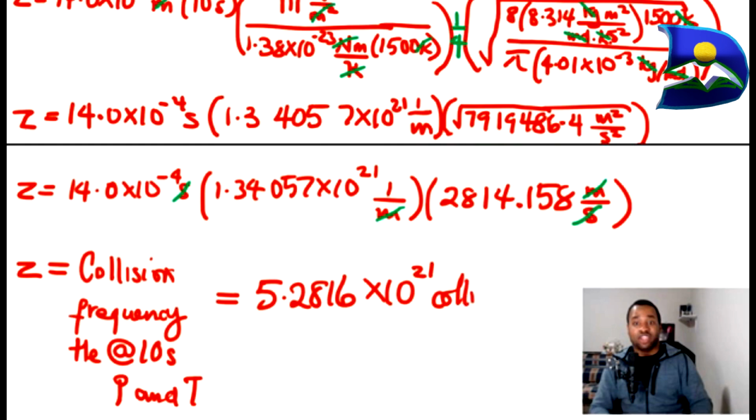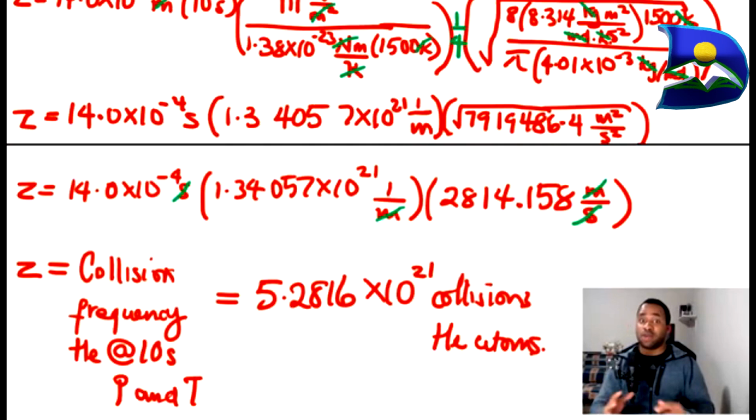That is that many collisions that are going to be made during this particular process dealing with helium atoms in that particular space. So that is really a huge number of particles in just 10 seconds that will experience collision, and therefore cause an increase in pressure against the solid surface in this particular question.